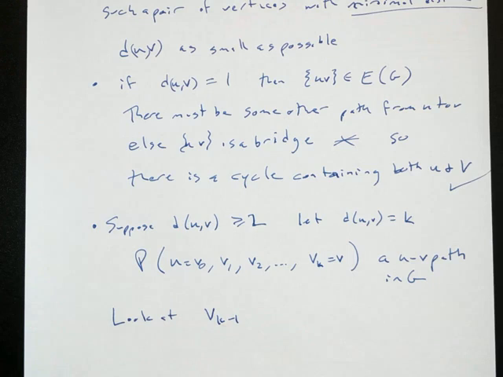From U to V is K steps. So look at the penultimate step, Vk minus 1.